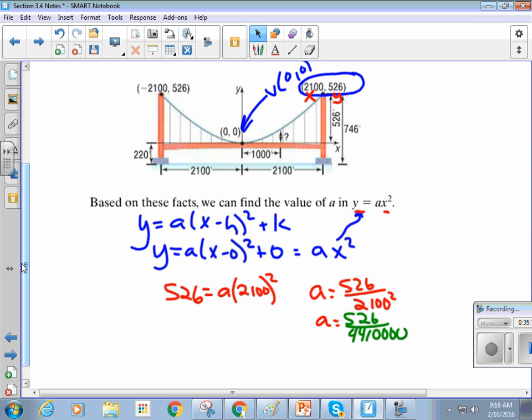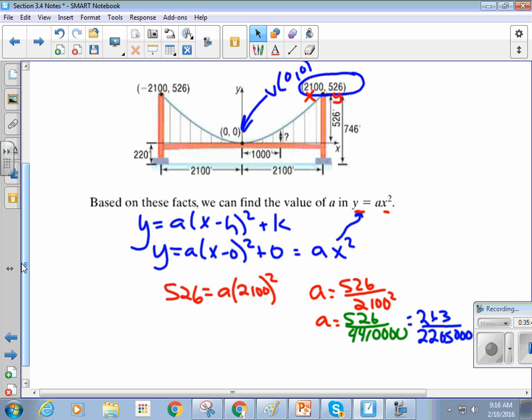And 526 is even, so I know at least I can divide it by 2. This is 263. And 4,410,000 divided by 2 is 2,205,000.